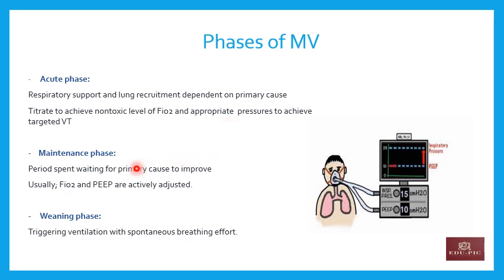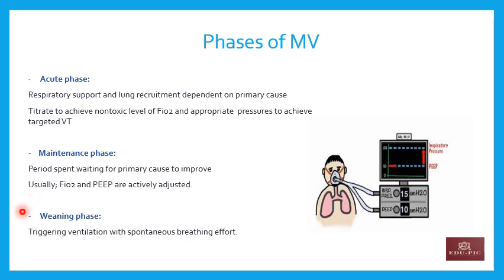Then the patient will move to the maintenance phase. In this phase, patients need some time for the lung to improve or for the primary cause to improve. Usually, we are manipulating the FiO2 and PEEP actively in this stage.